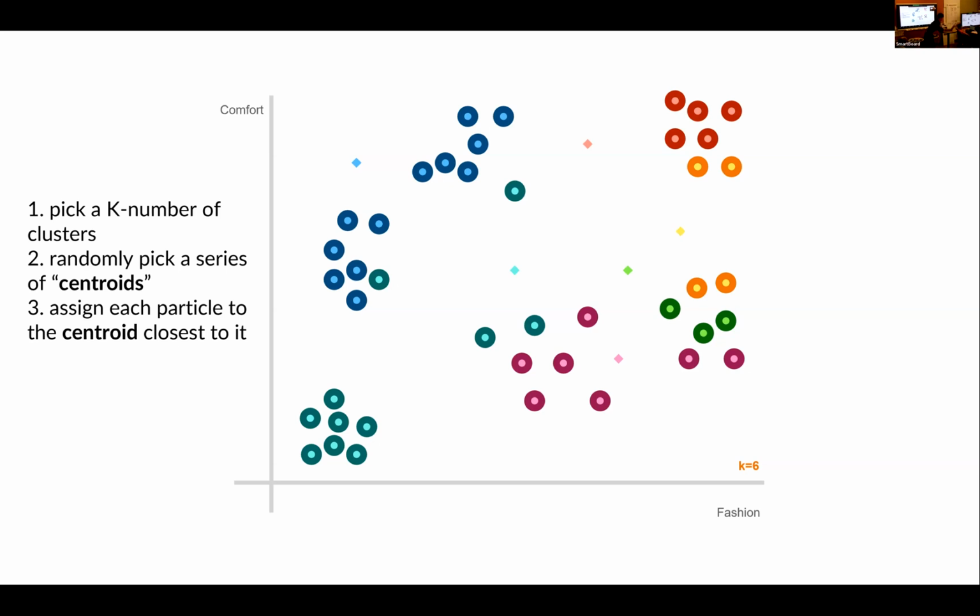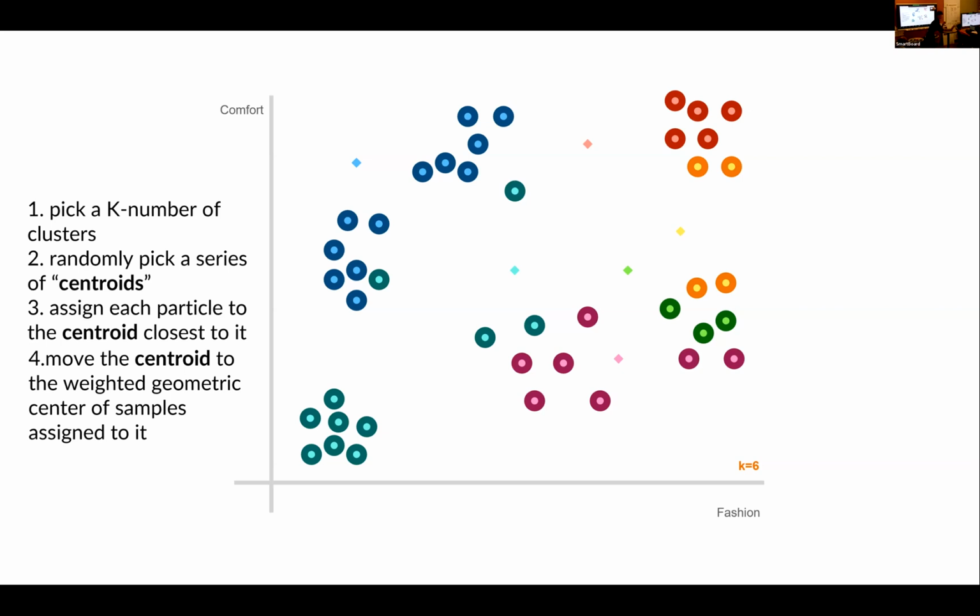The next step is we're going to move the centroid to the weighted geometric center of the samples assigned to it. Essentially we're going to take the coordinates of all of these different points, and move the centroid to the average of, in this case, the x and the y. Sometimes it's 12-dimensional, sometimes even more. But it's the geometric center of all of these points. So we're going to move them.